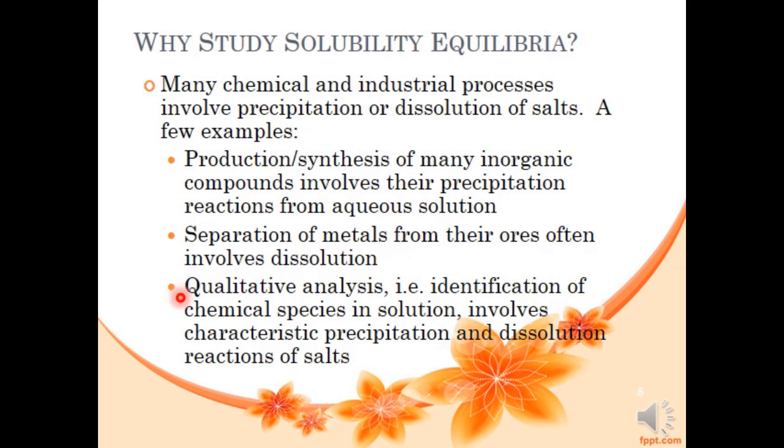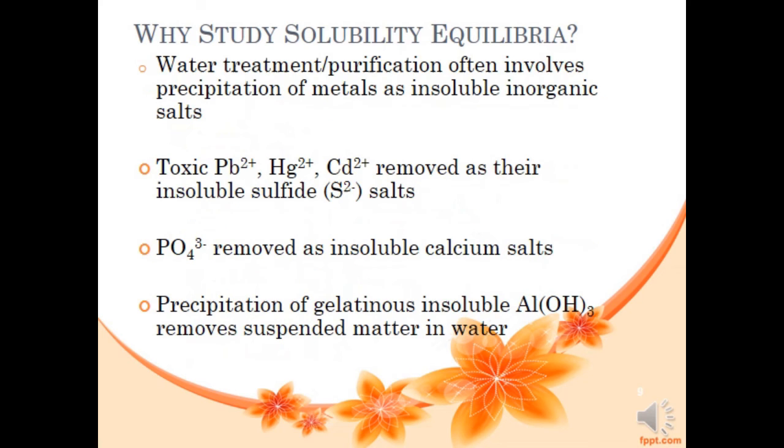Another example is qualitative analysis, identifying chemical species in solution involving characteristic precipitation reaction of salt in the solution. Water treatment or purification involves precipitation of metal as insoluble inorganic salt.